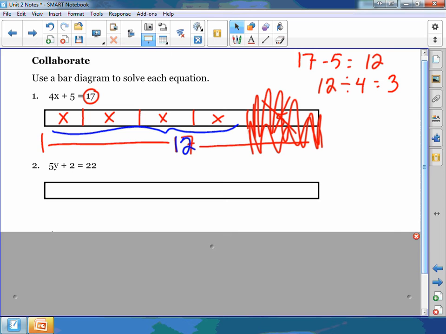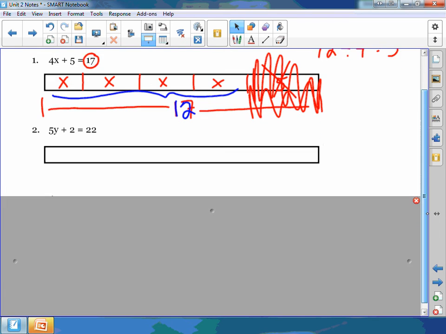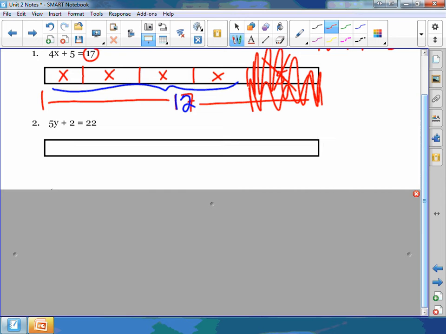So tell me about this number 2. How many parts did you divide your bar up into on number 2? Just the total parts. I don't need to know the value of each yet. Go ahead, Lauren. 6 parts. Okay, so if I go 1, 2, 3, 4, 5, and 6.